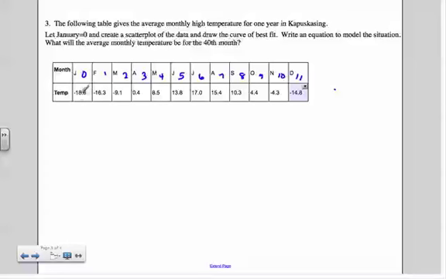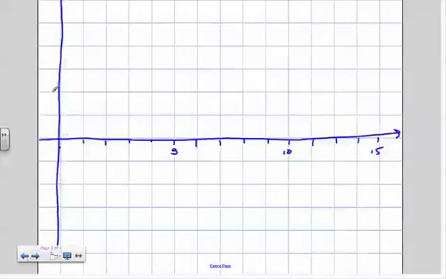And in this case, I'm going to look at my numbers. My lowest is negative 18.6. My highest is 17, so I'm going to use that to come up with a scale. So I might go 5, 10, 15, 20, negative 5, negative 10, negative 15, negative 20. So these are my temperatures, and these are my months.